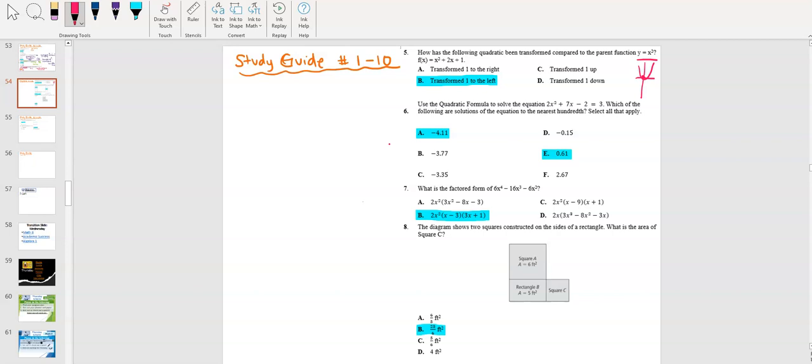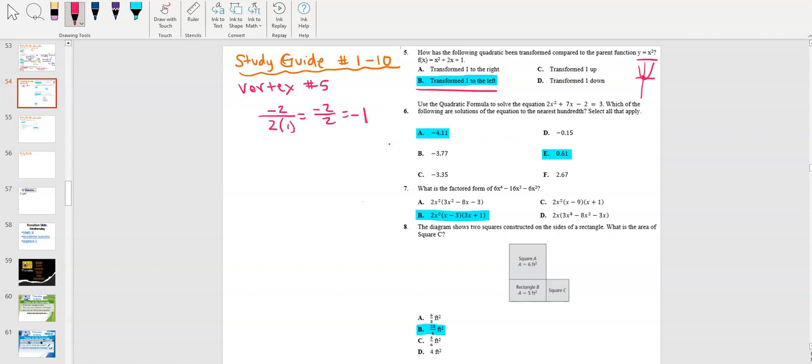So we're going to find the vertex of number 5. Same thing, I'm going to do negative b over 2a, and that becomes negative 2 over 2, which is negative 1. So that means that I transferred 1 to the left.